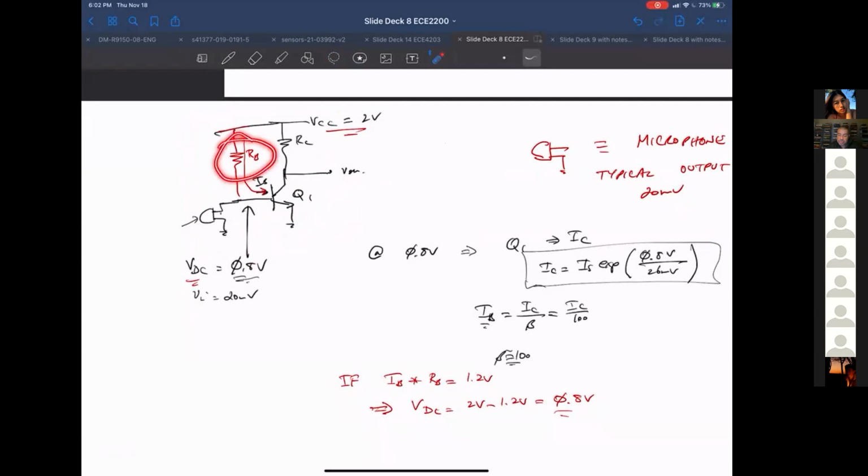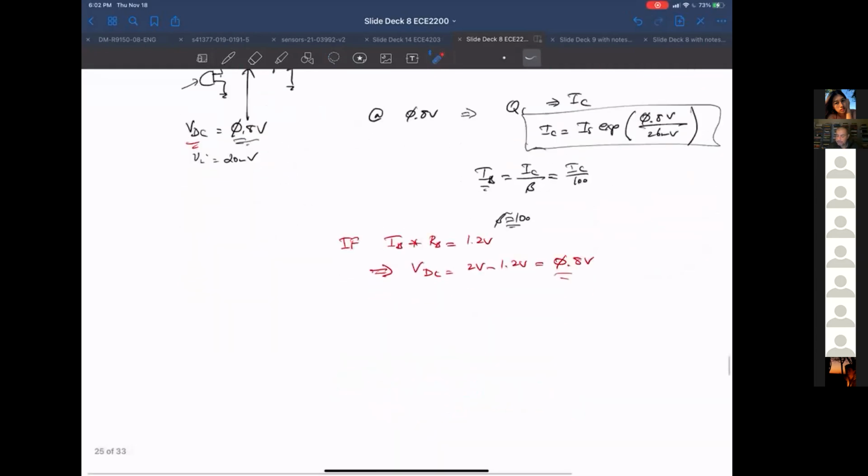If I tune this resistor right, knowing I sub B, I can get this to the exact voltage I want, right? So simple calculation. So let's do it.